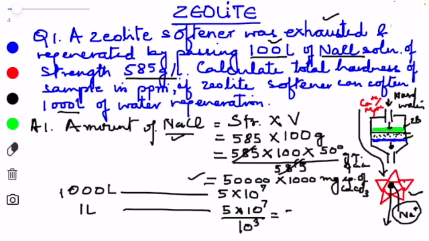So it is 5 times 10 raised to the power of 4 milligrams per liter, or we can say 5 times 10 raised to the power of 4 ppm, because 1 milligram per liter is equal to 1 ppm. So this will be our final answer. This is how we go with the numericals of zeolite. Hope you are able to understand it well.